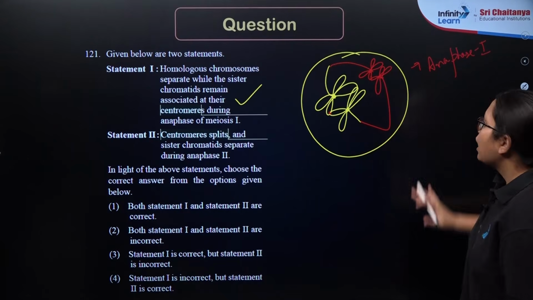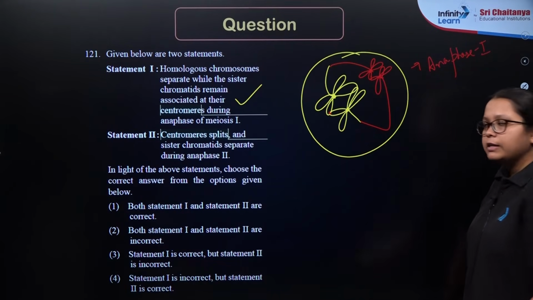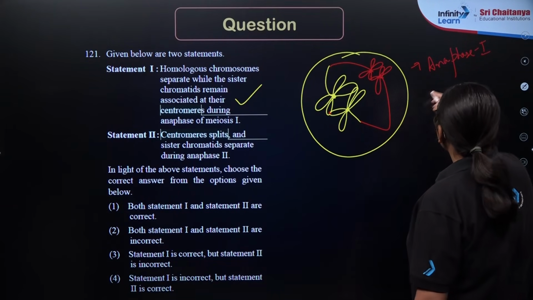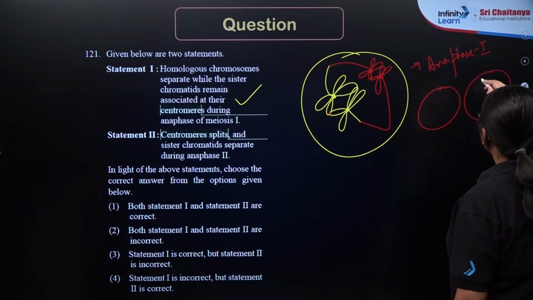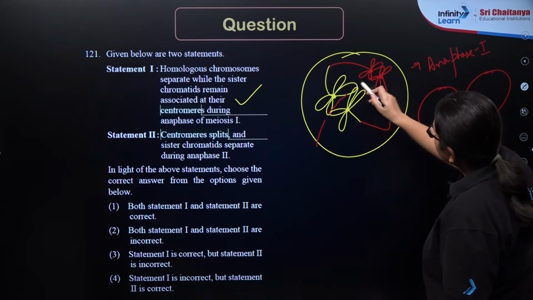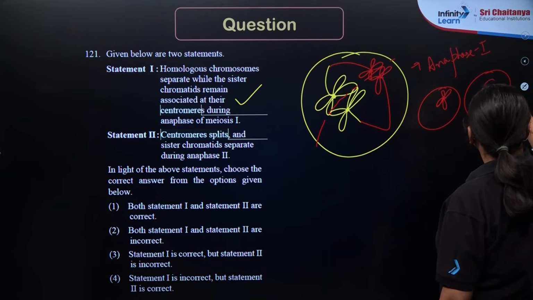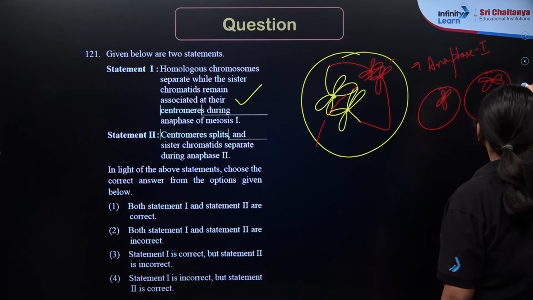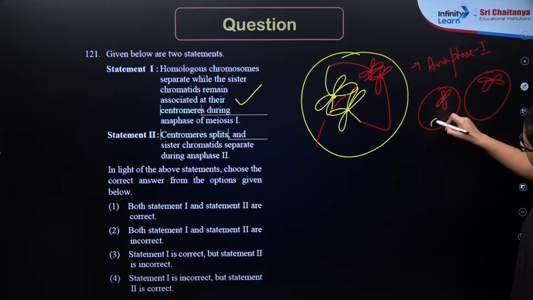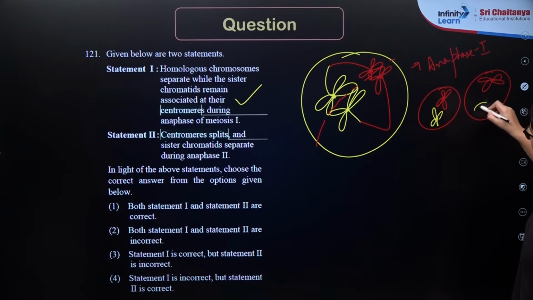After anaphase 1, basically after meiosis 1, we will get 2 cells, okay. This is how we get the 2 cells.